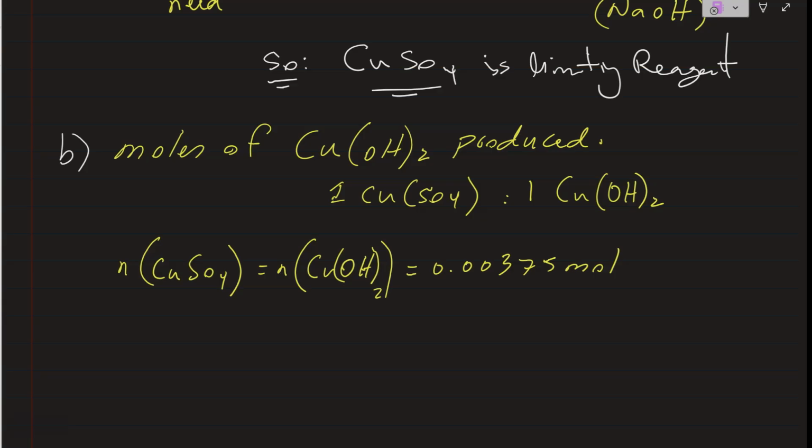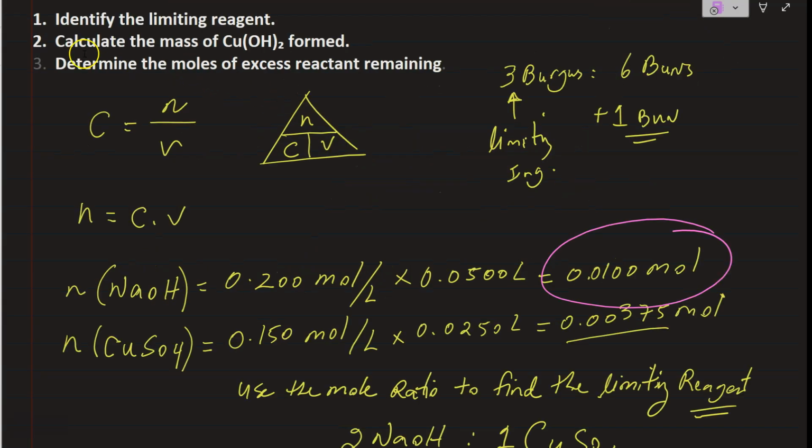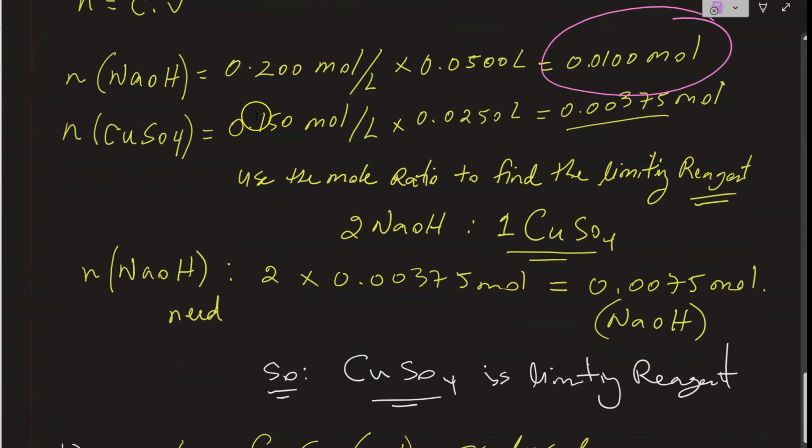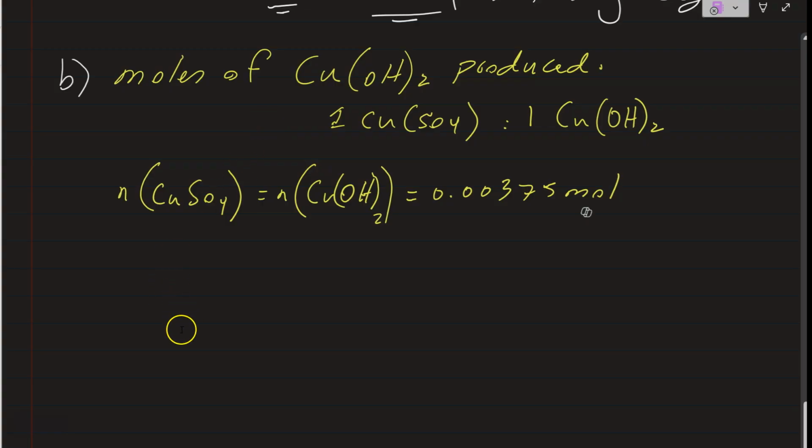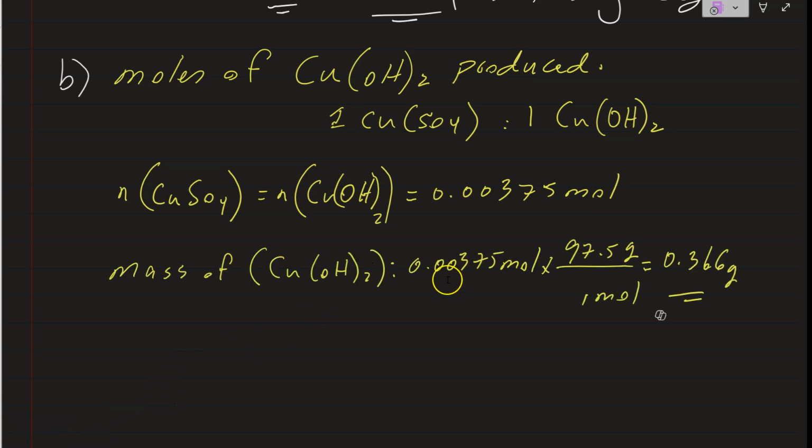Now that we have this, we want to change that to mass, because it says calculate the mass of copper hydroxide, not the moles. That's very easy. We just change the moles to mass using the molar mass of copper hydroxide. So let's write up the ratio. We start with 0.00375 mole of copper hydroxide.